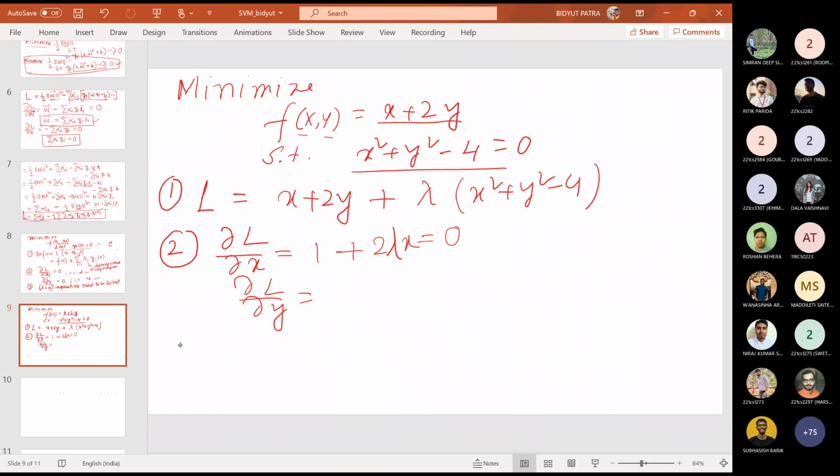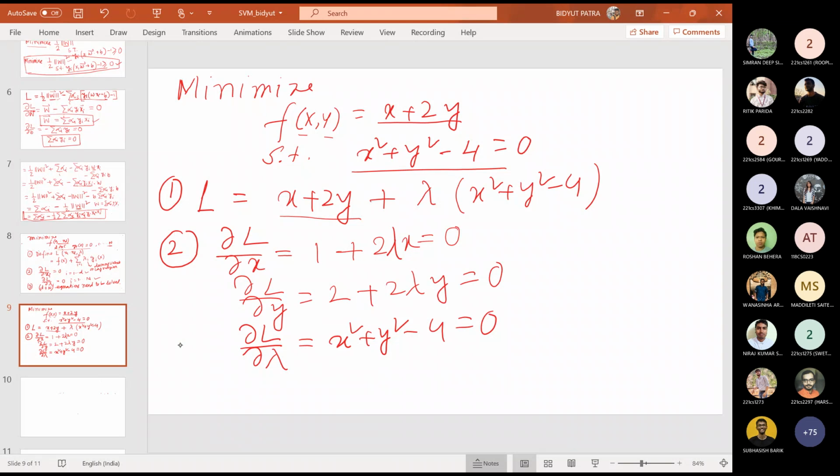So if you see, 2 plus 2 lambda y equal to 0, and then del L by del lambda, this you have to compute, this will cancel out, then this will be x square plus y square minus 4 equal to 0. So then you get equations like 3, 4 and 5.